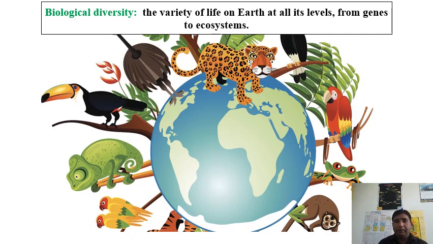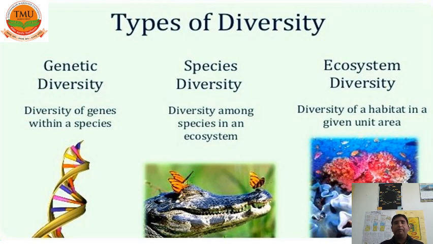Now very briefly we can talk about biological diversity, also known as biodiversity. It is the variety of life on earth at all its levels, from genes to ecosystems. When we talk about biodiversity, we are talking about the diversity, that is, difference at the level of genes, at the level of species, and at the level of ecosystems.